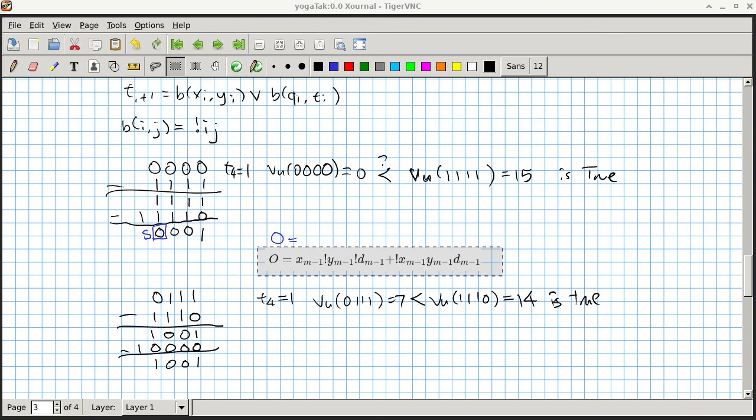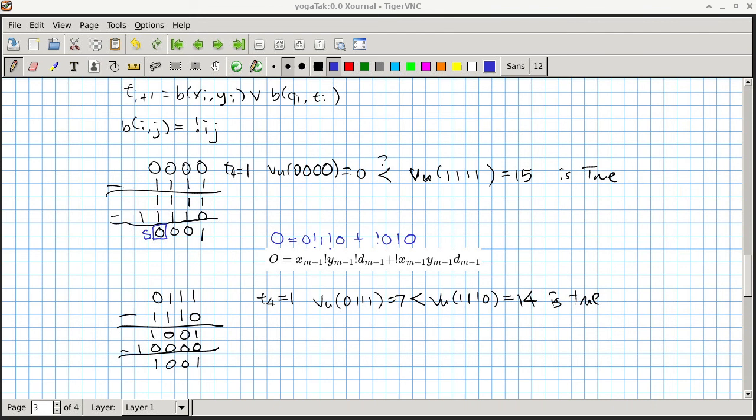The most significant bit of x is a 0, and the most significant bit of y is a 1, and the most significant bit of d is a 0. Or the negation of the most significant bit of x and the most significant bit of y and the most significant bit of d.